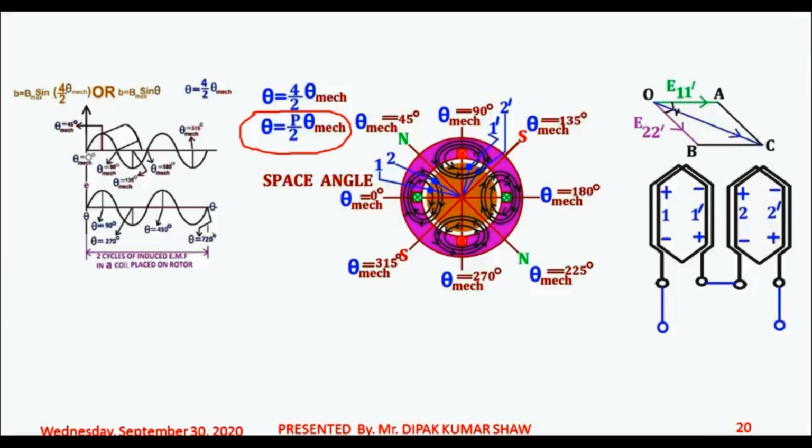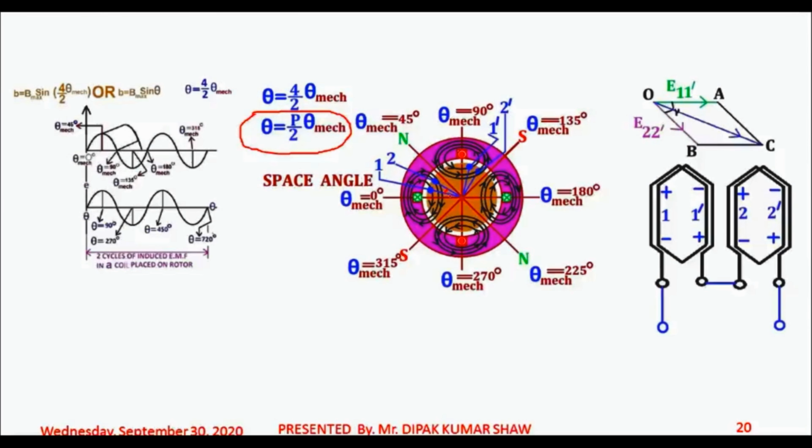So what you do, you draw a line from the center of slot 2 and you draw another line from the center of slot 1. So the angle between these two lines, the center of slot 1 and the center of slot 2, is your slot angular pitch gamma.